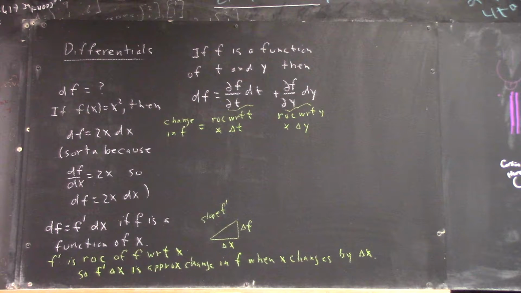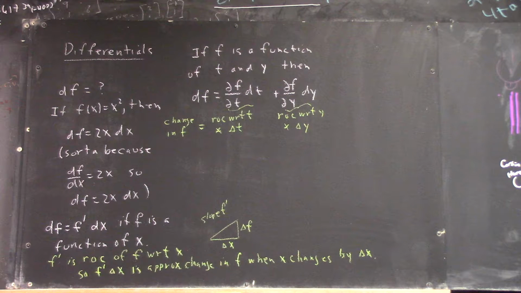As long as this is a perfect plane. But if it's a general function f of y, t, there's a little change in these derivatives, a little change in these slopes between here and here. So this slope is not necessarily exactly equal to this one. So if you add these two changes, you're only getting an approximation to this change.